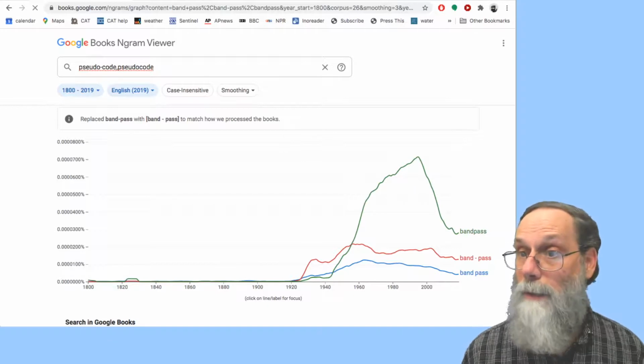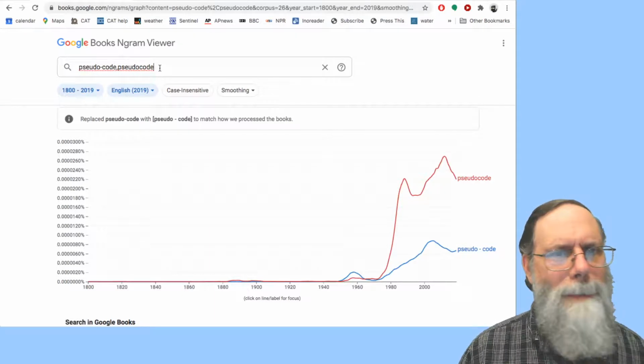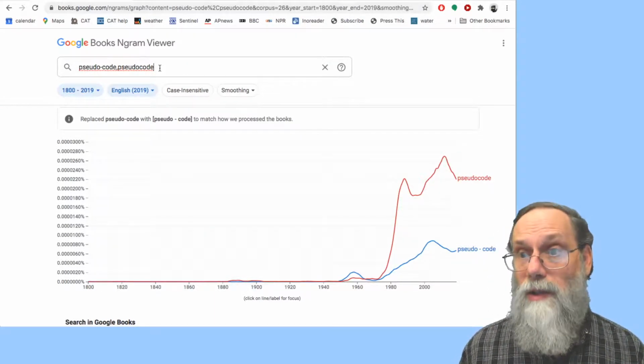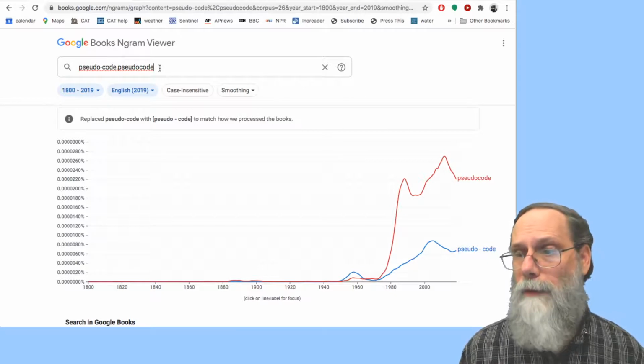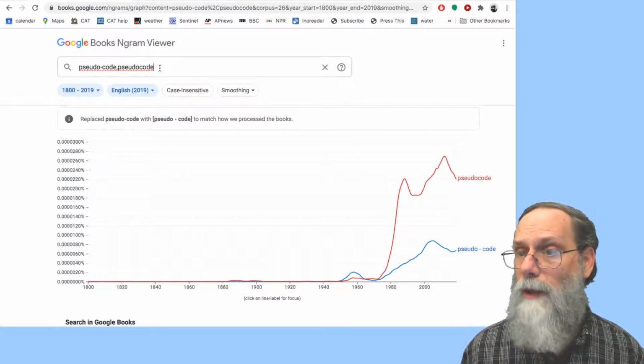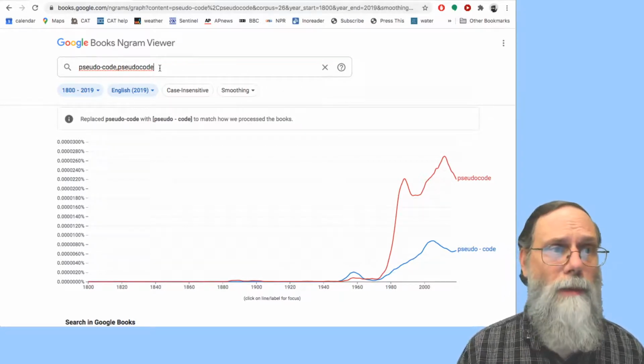And which one's more popular? Well, we can see the single word pseudocode is 3 or 4 times more popular than the hyphenated one. So I would go with the unhyphenated one here, but this ratio is still small enough that either one's acceptable.